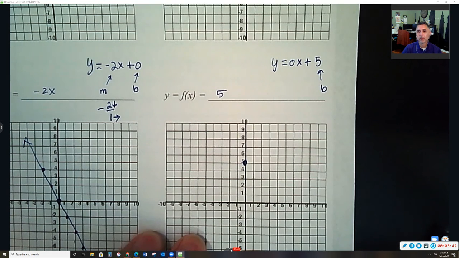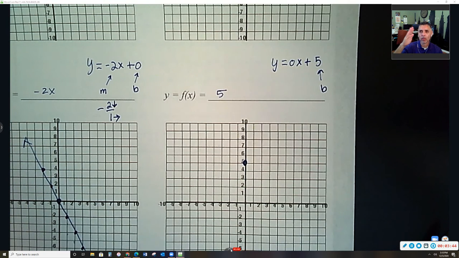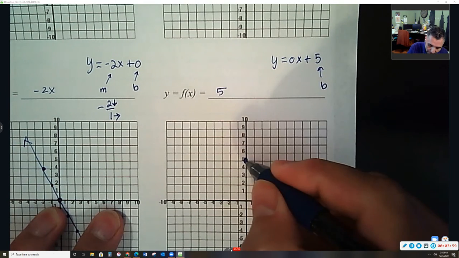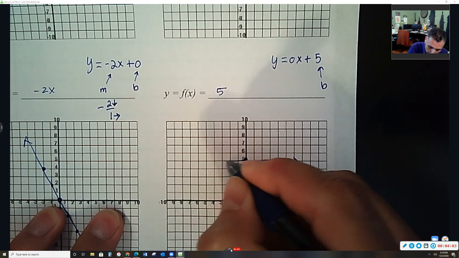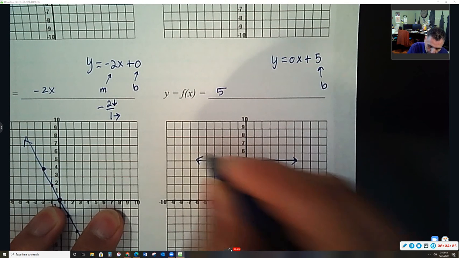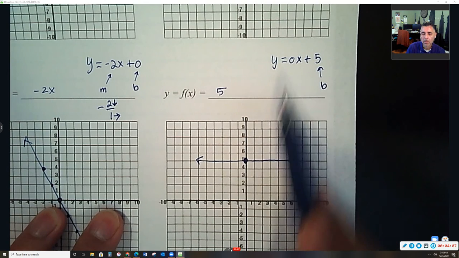And remember, slope tells us how something is going up or going down. If it's not going up or down, that's 0. This is flat. Flat is not going up or down. So I know this line looks like this. That's 0 slope.